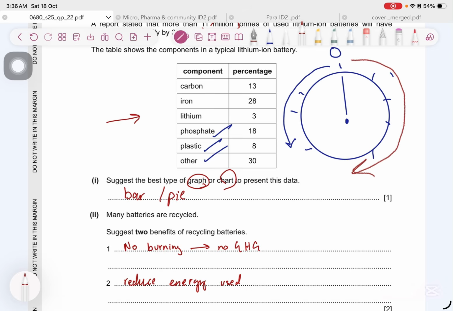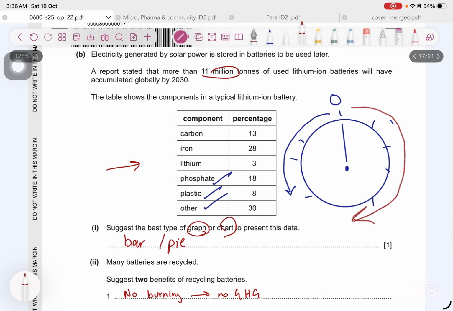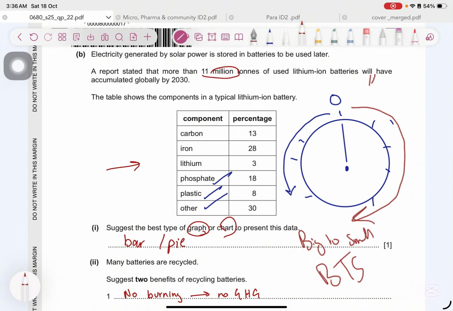And then you have to label from big to small. I remember it by BTS. It's either the band or then make a key. That's very important, and follow the key.